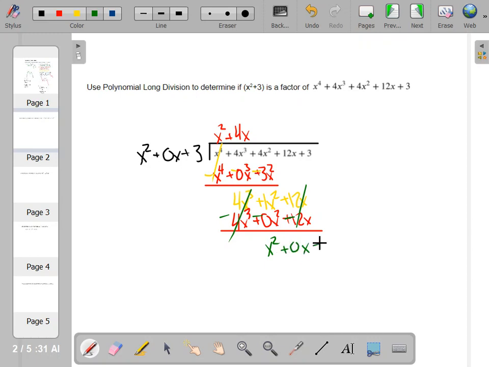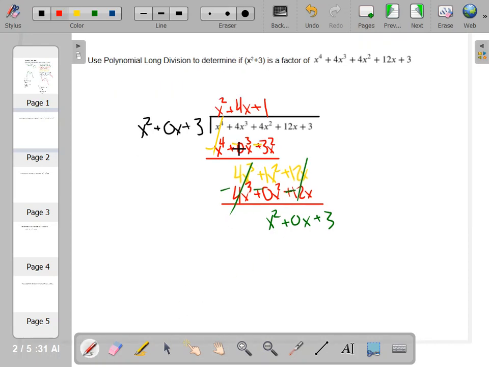I'm going to put 0x again just because I think the placeholder makes it a lot easier. One more time. x squared times what is x squared? 1. And now I distribute a 1, which is x squared plus 0x plus 3. Wait a minute. So when these all cancel out, minus, minus, minus, cancel, cancel, cancel, you get 0. So the remainder is 0.